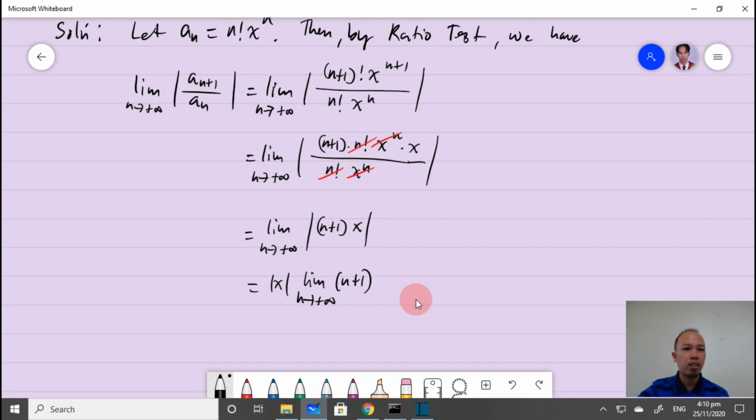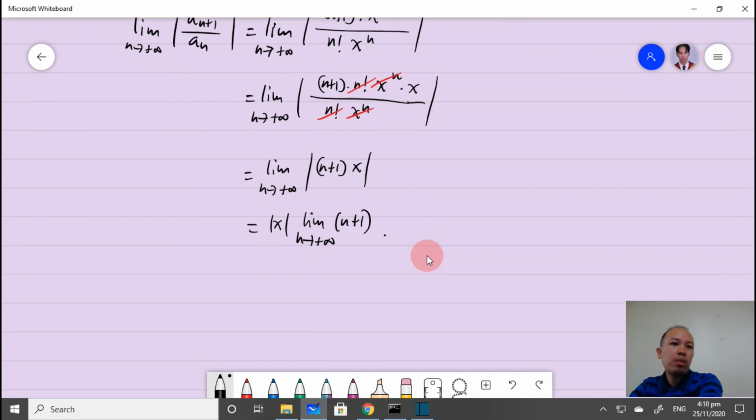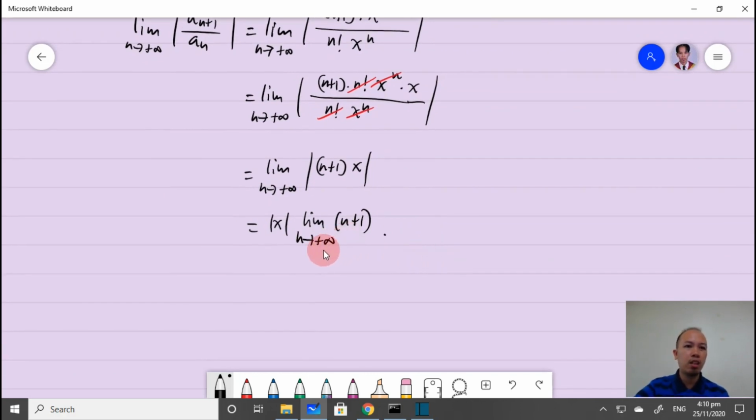This is always positive. And if you take the limit of n plus 1 as n approaches infinity, notice that this is positive infinity.